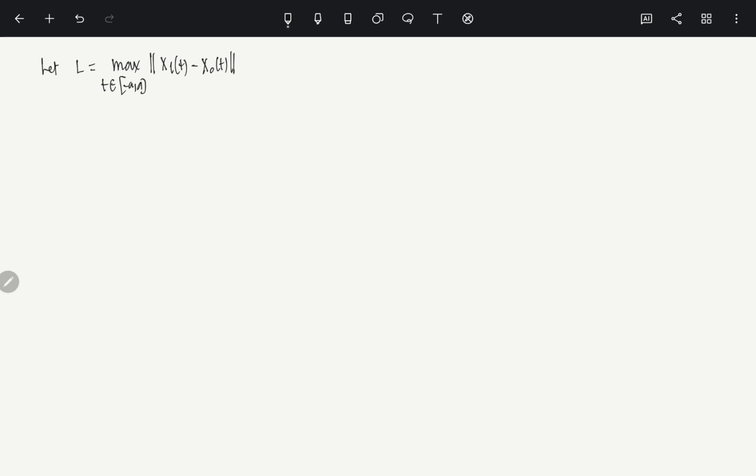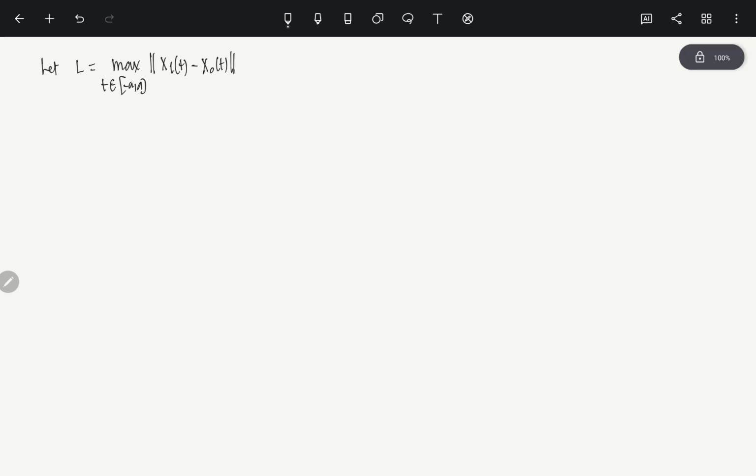That is possible because x1 and x0 are both continuous functions, so the maximum exists on a compact set, and that maximum we call L.